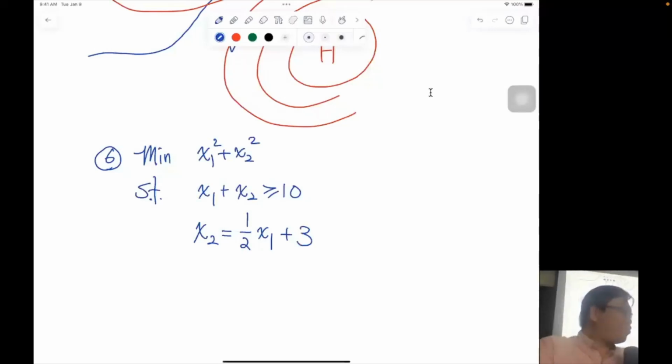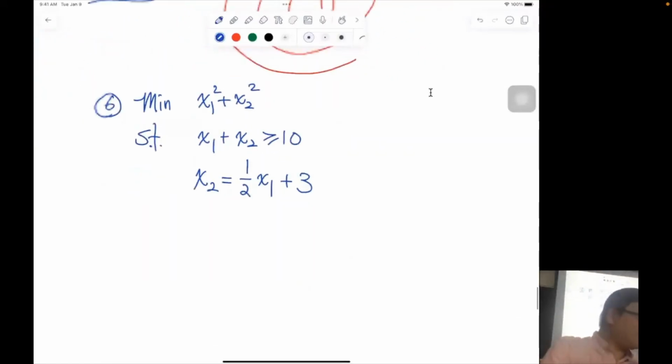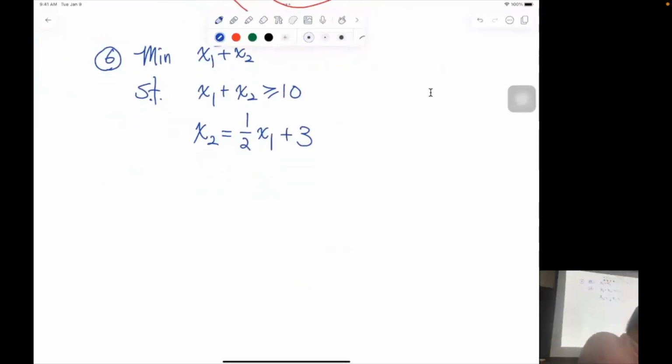Again, you probably cannot observe what the solution is, but I can use the graphical way again to show you where the solution is. Okay, let's begin with the graphical approach.